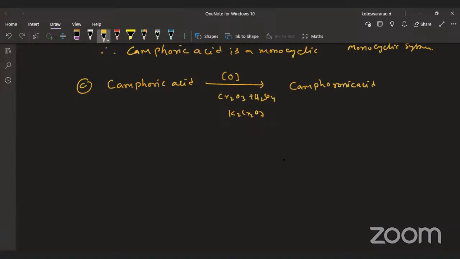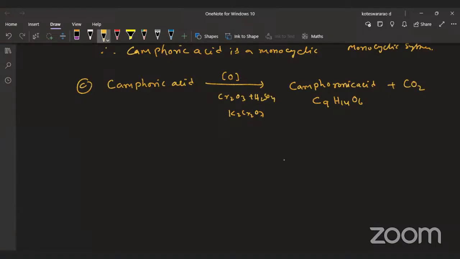This camphoronic acid has the molecular formula C9H14O6, along with one carbon dioxide molecule liberated.